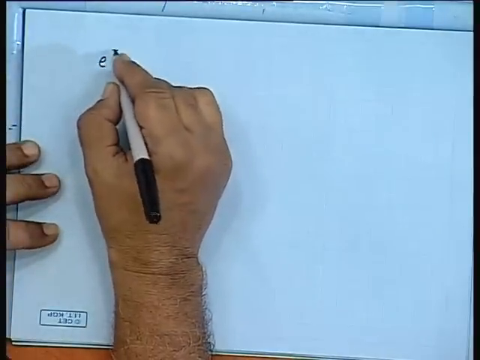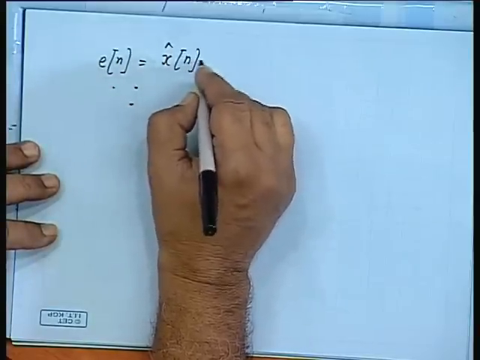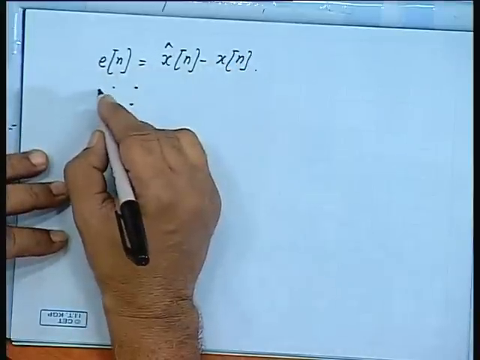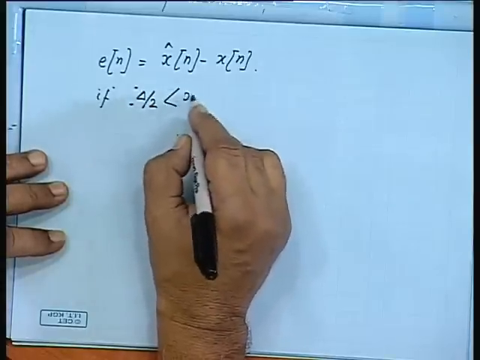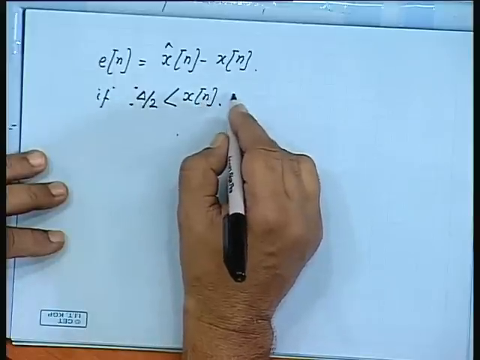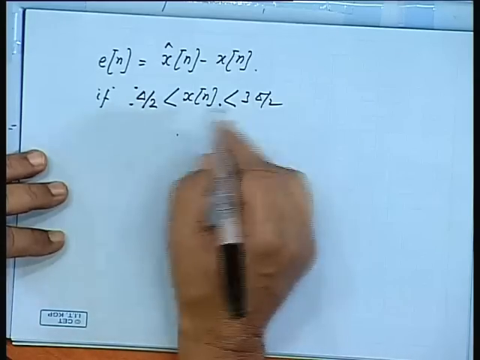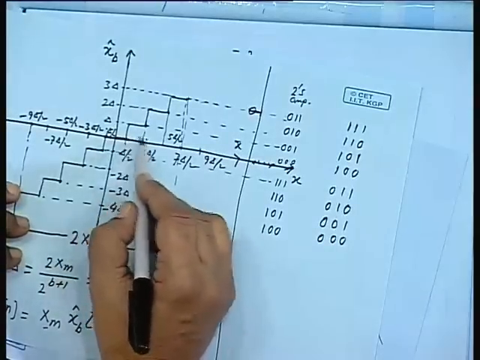So, error En is x hat n minus x n. So, if you have delta by 2 and 3 delta by 2, suppose x n is lying between delta by 2 and 3 delta by 2, between this point and this point.